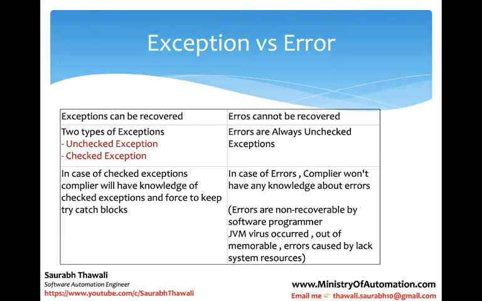Whereas unchecked exceptions are difficult for a compiler to find. That's why 99% of the time, we only write exception handling for unchecked exceptions. So if in an interview someone asks you what type of exceptions we handle in exception handling, checked or unchecked, your answer should be unchecked exceptions.